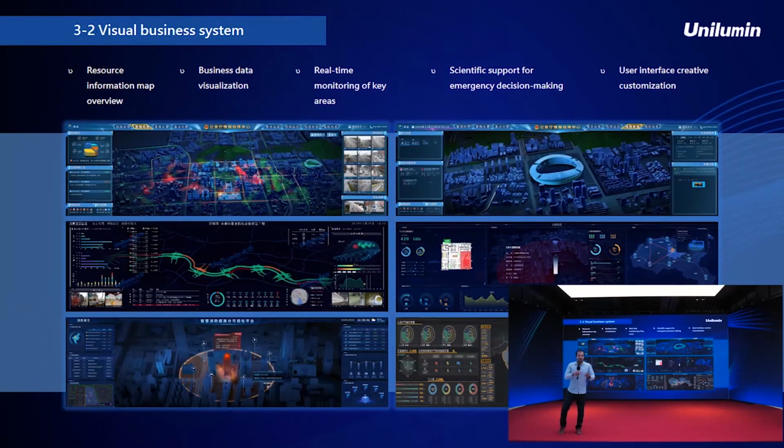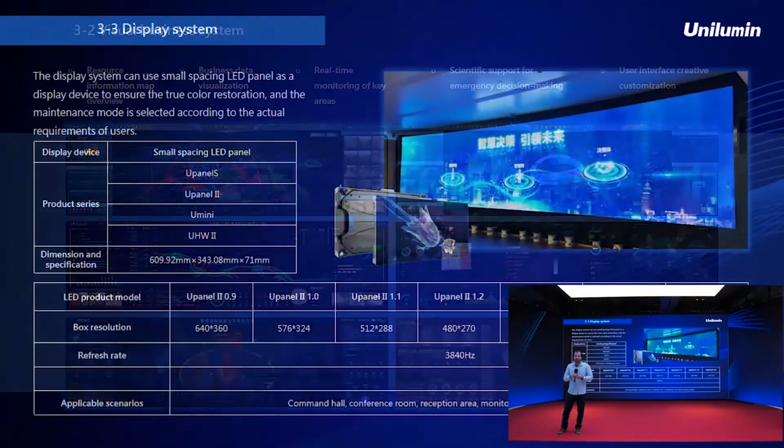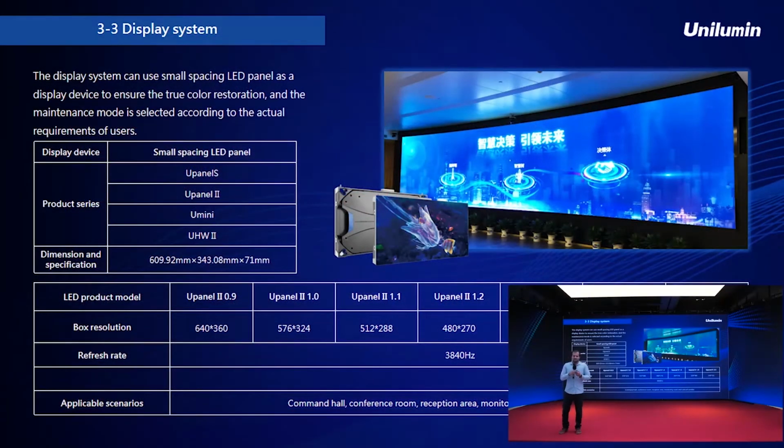Next one, the visual business system: resources information map overview, business data visualization, real-time monitoring of key areas, scientific support for emergency decision-making, user interface, creative customization. Next one, display system.